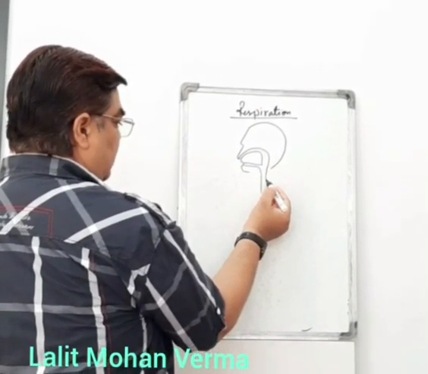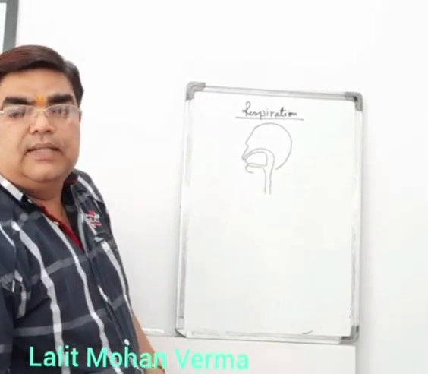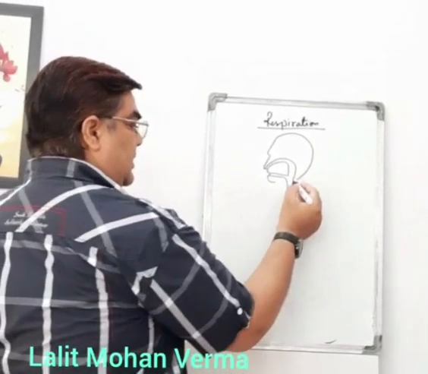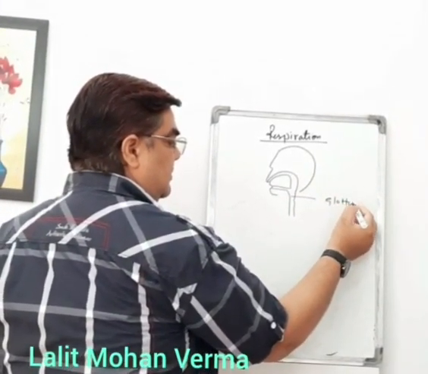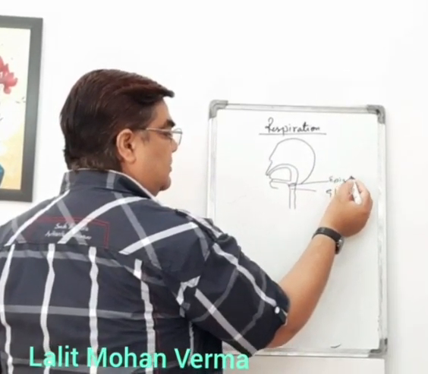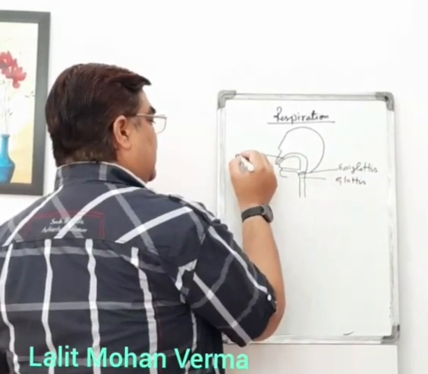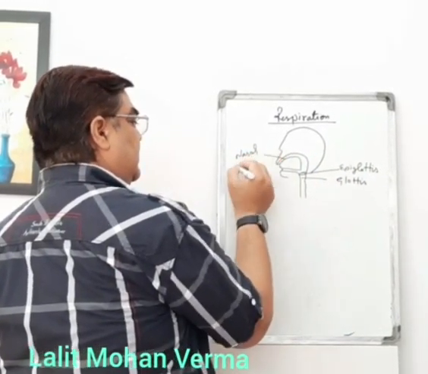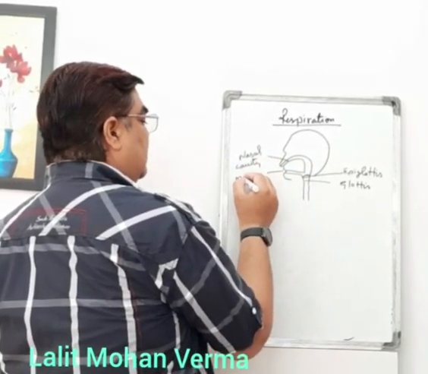This was the same as we have done in the digestive system. This is the glottis. The upper portion is the epiglottis. This one is the nasal cavity, and this is the mouth.